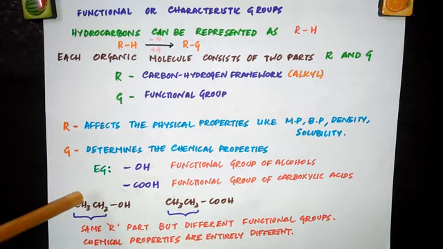Same R, which means same alkyl part, but different functional groups. So both will have different chemical properties. These two are entirely different compounds. So you can conclude that the chemical properties of any organic compound are the properties of its functional group.